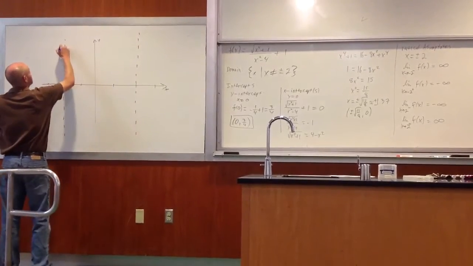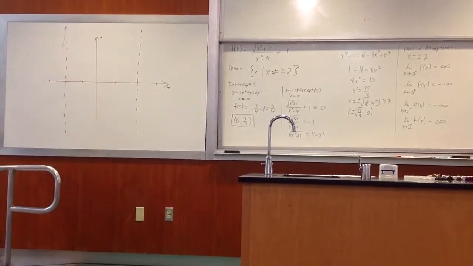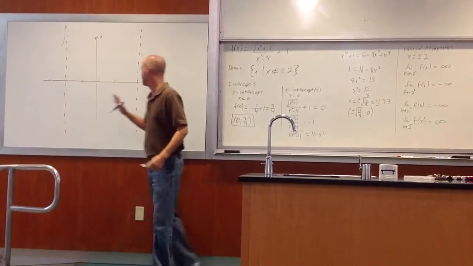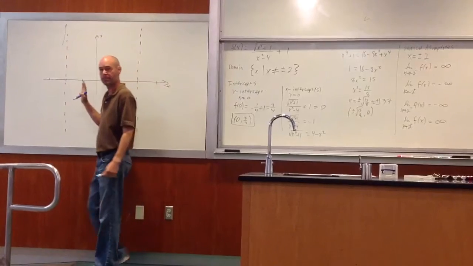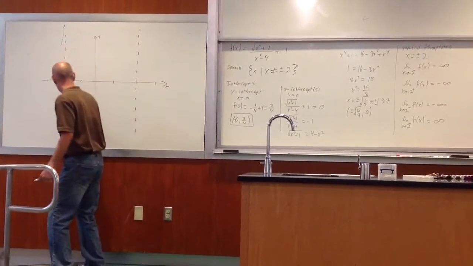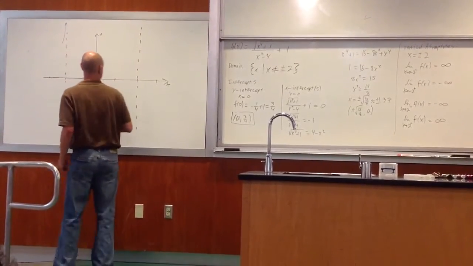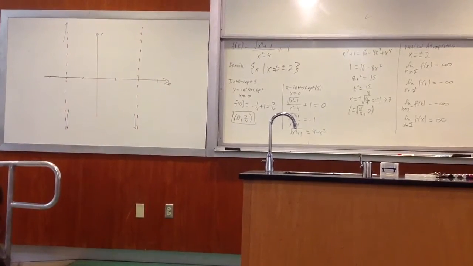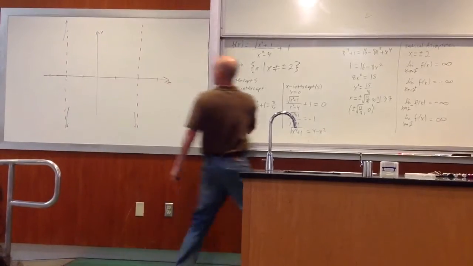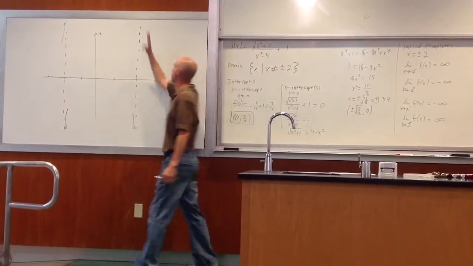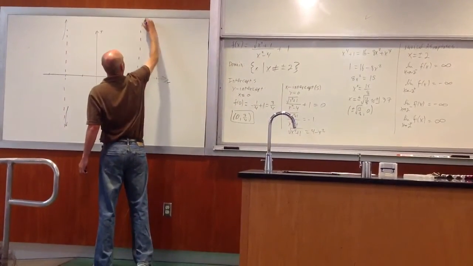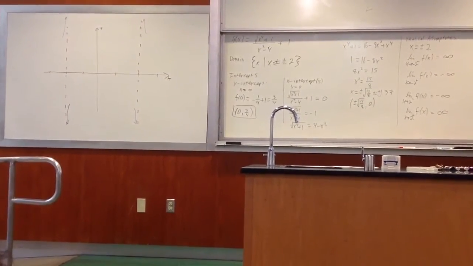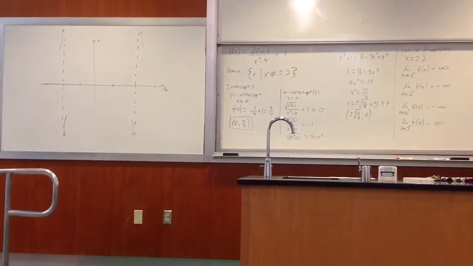So this is actually doing that. How about as I approach negative 2, going this way? It's going down to negative infinity. Same on this side, right? How about here? We're going up to infinity. So we can kind of see what our graph is starting to look like.